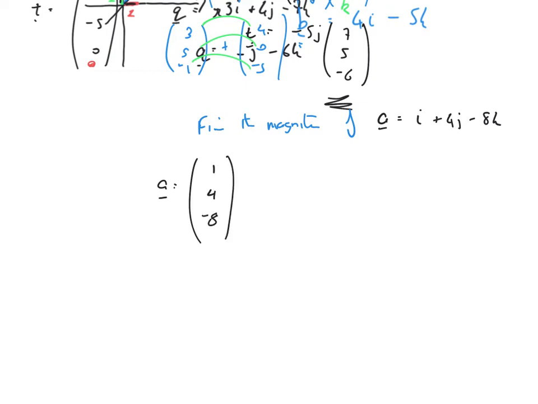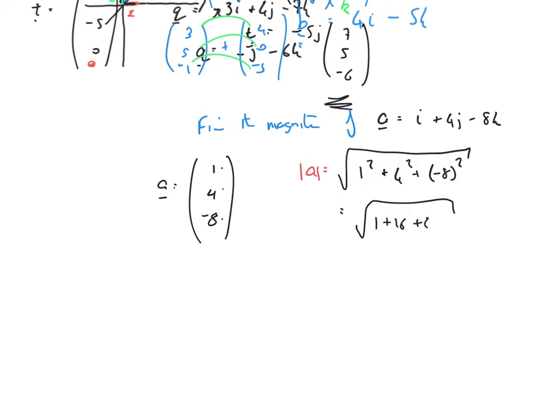Now remember that to find the magnitude of a 2D vector, it was the square root of the sum of the squares of the components. Well, it's exactly the same for a 3D vector, it's just that there's now 3 components. It's the square root of 1 squared plus 4 squared plus minus 8 squared. And that's the square root of 1 plus 16 plus 64. That's the square root of 81, and that is equal to 9.